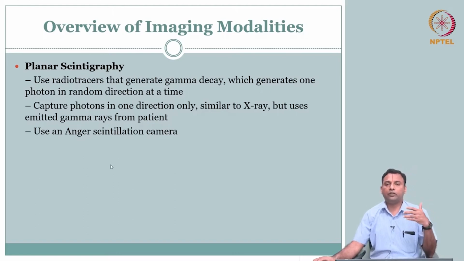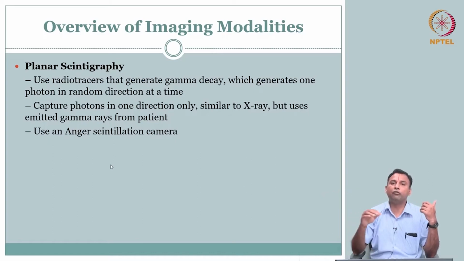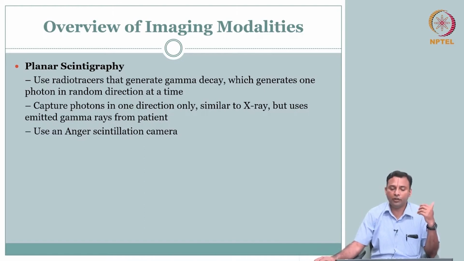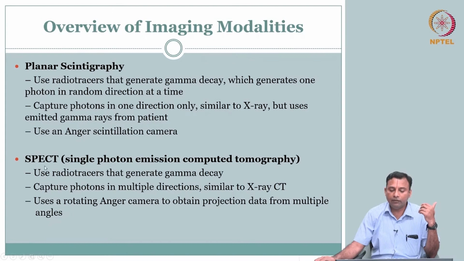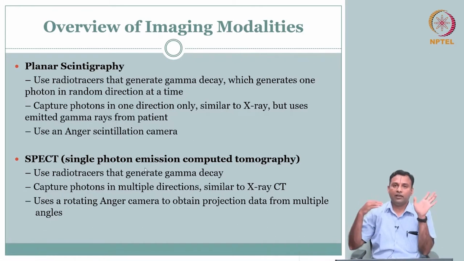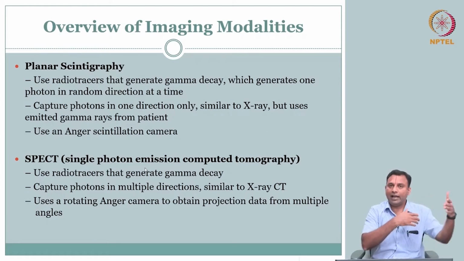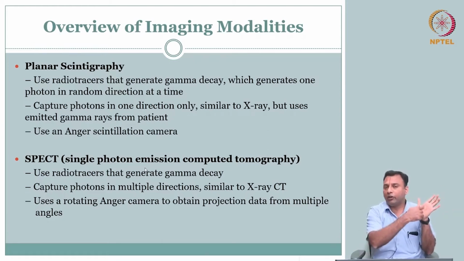So we could think, what if I take the detector to different views? I could do reconstruction, I could do tomography. When you do that, it is single photon emission computed tomography. Why is this name single photon? Because the gamma ray photon is coming and you are detecting it on one side, whichever angle you keep it at, and it falls on the detector.